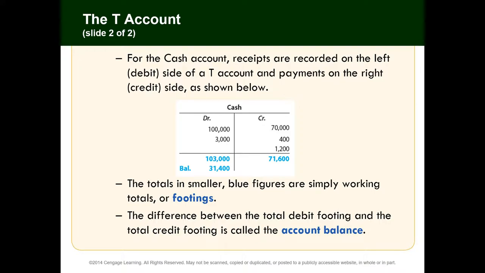So the balance of cash, as of this moment, is 31,400. As far as the pluses and the minuses, we're going to learn that in a minute. But cash happens to be an asset, correct? And assets, when they increase, are debited. When they decrease, they are credited. We'll come to that in a minute. I just want you to understand what the T account is and what its purpose is.